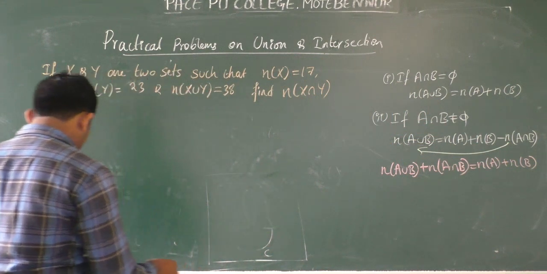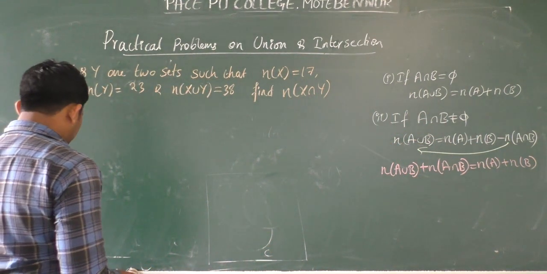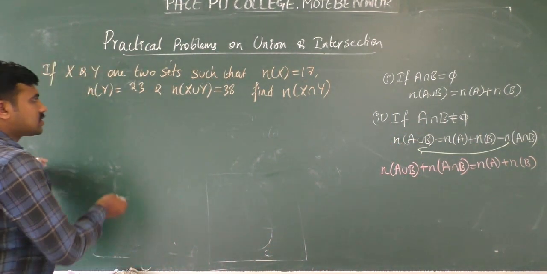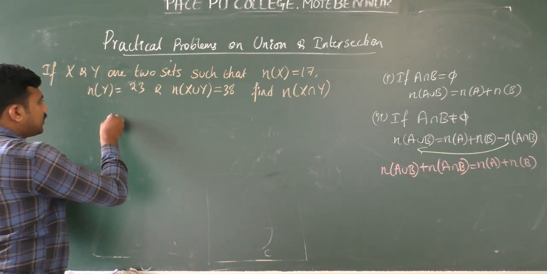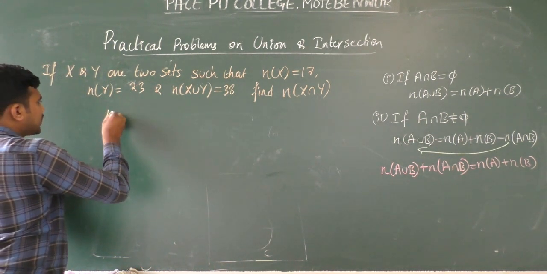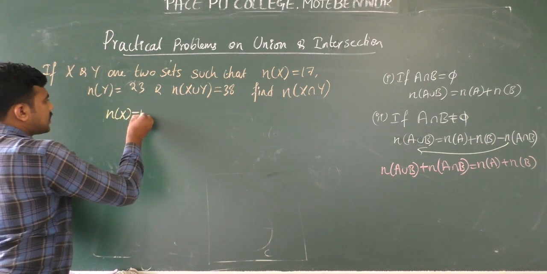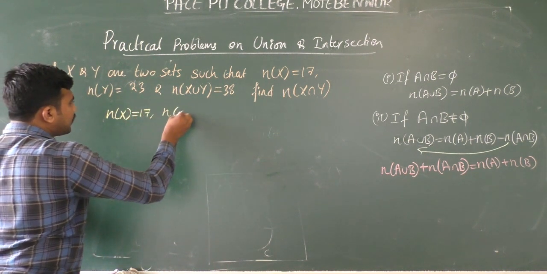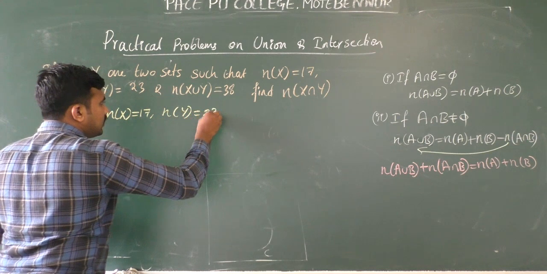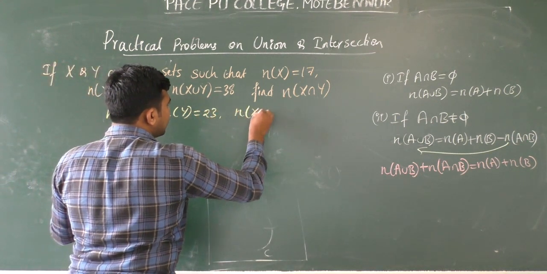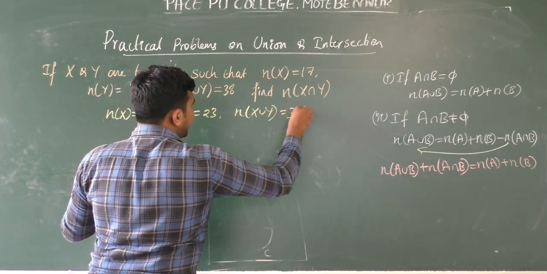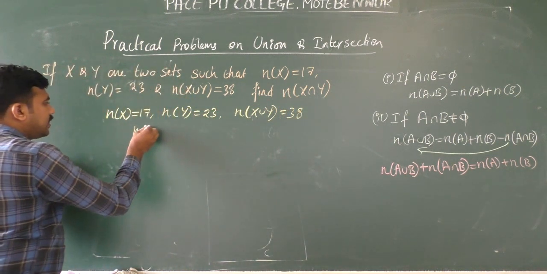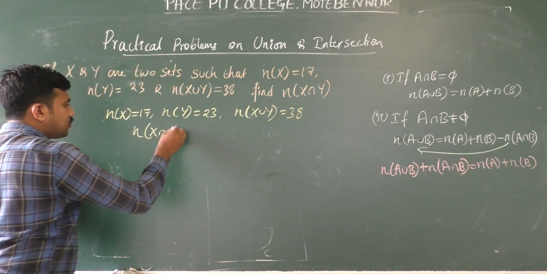Okay, now solve the problem. I have first written this formula. Before that, write the data. For the given, n of x they gave 17, n of y they gave 23, n of x union y they gave 38. We need to find n of x intersection y.